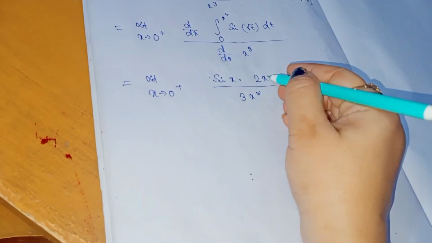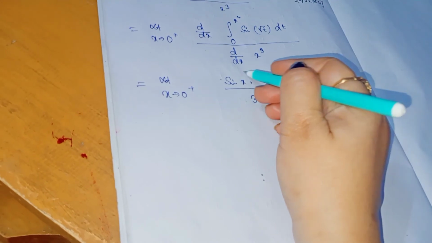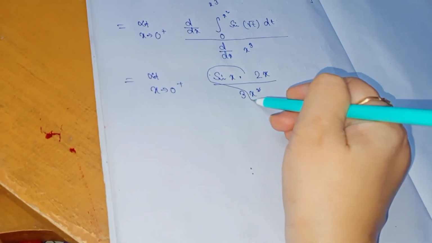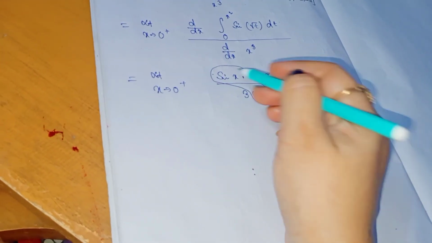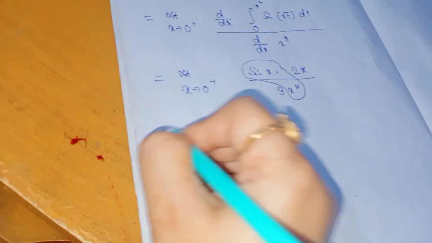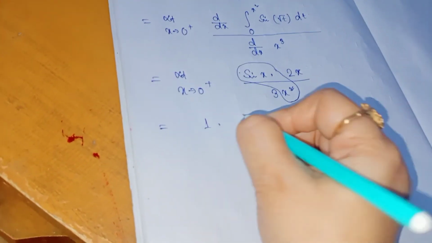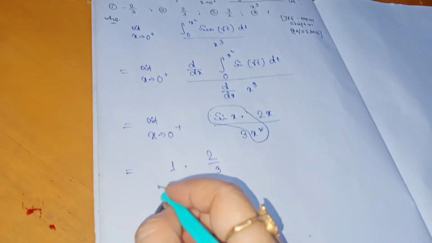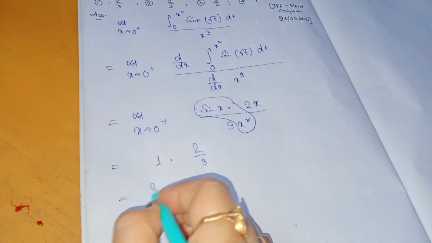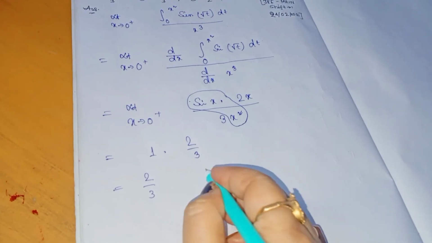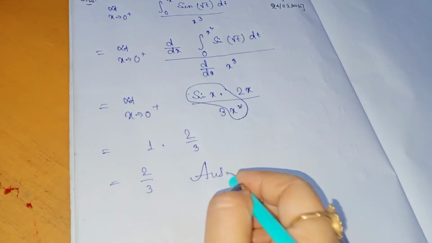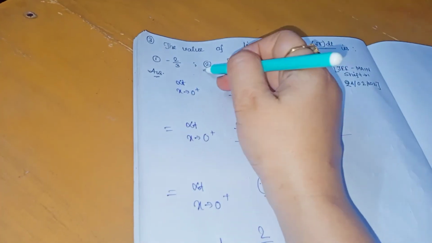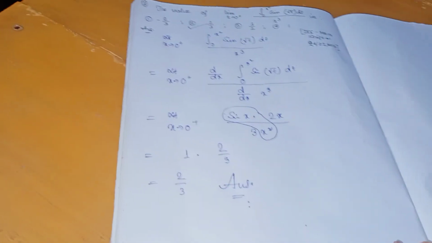Now x and x cancel off, and here we apply sin x by x is equal to 1. So here we get 1 into 2 by 3, that is equal to 2 by 3. So we reached our required answer, and option 2 is our correct choice.